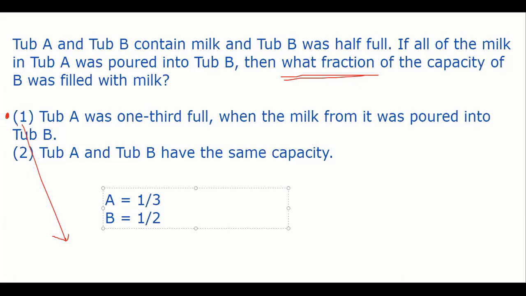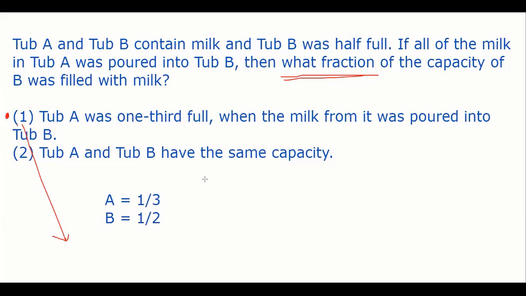We have put all of the milk from A to B. The question is, can you find out what fraction of the capacity of B was filled? Yes or no? Yes, sir. How? Because tub A was 1/3 full. Correct.